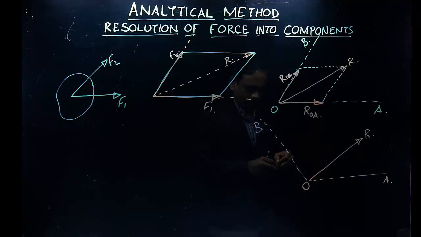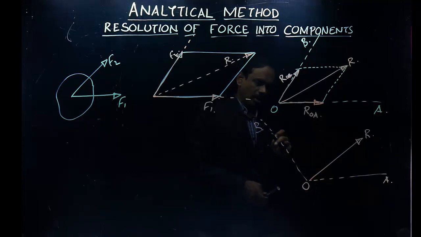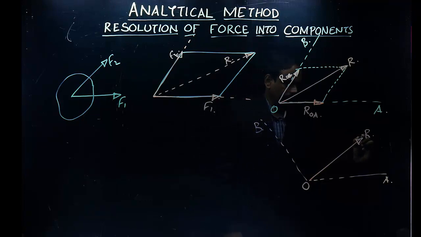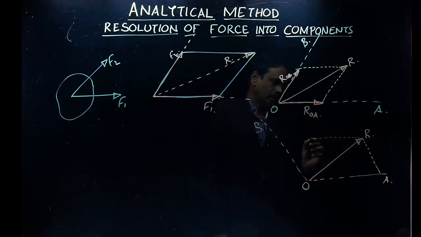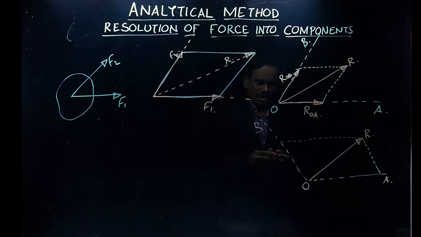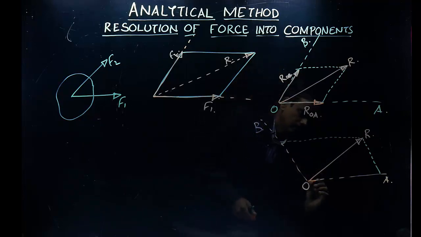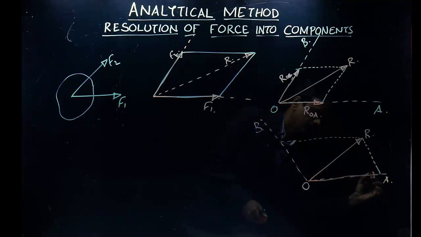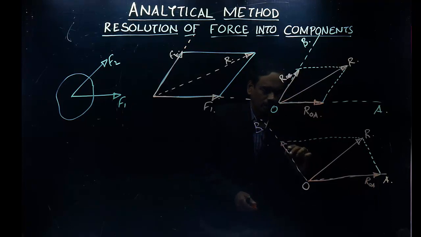All we have to do is draw a line parallel to this and draw a line parallel to this. Wherever they meet will define the components: this will be R_OA, and this will be R_OB.